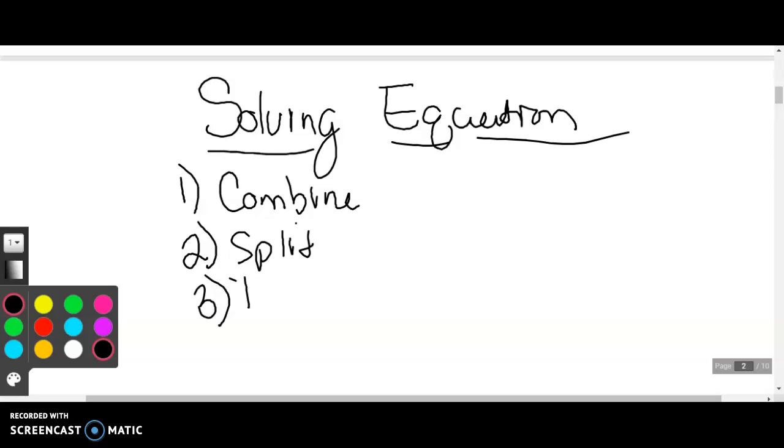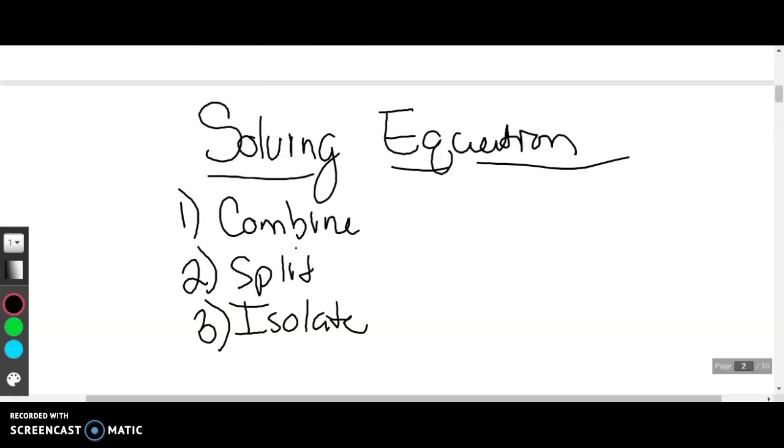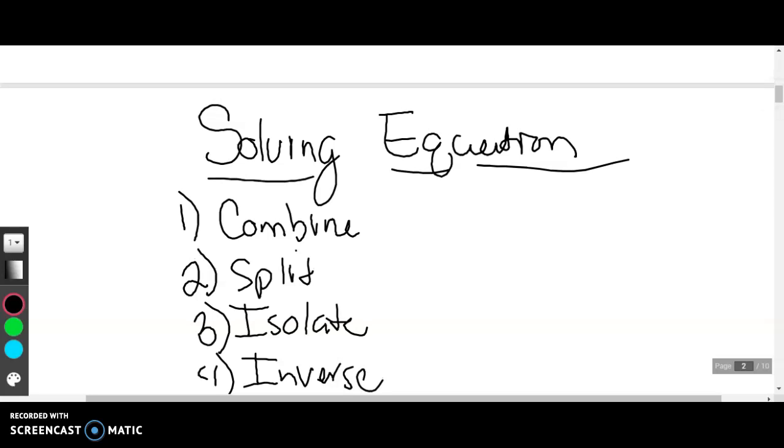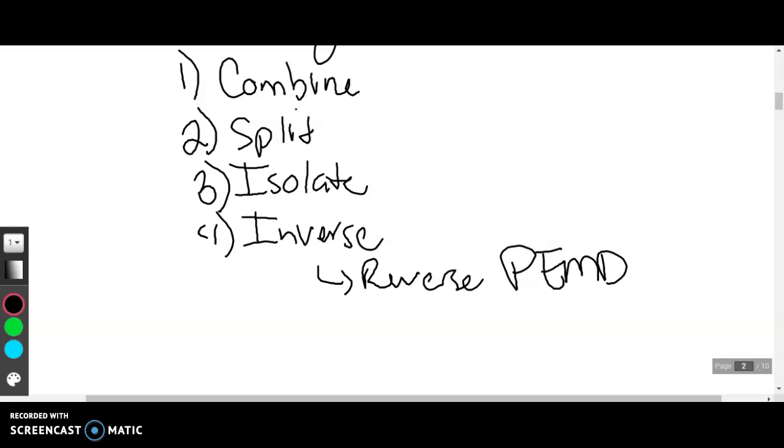Number 3 is to isolate. Wherever that variable is, we want that to be the only thing on that side of the equal sign when we're done. Number 4 is inverse. And of course, when we're doing inverse operations, it is important that we remember reverse PEMDAS.